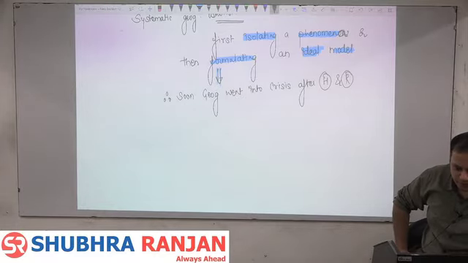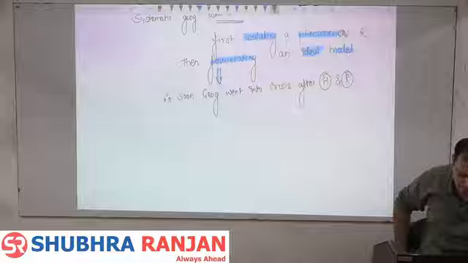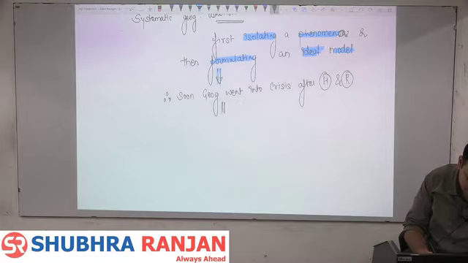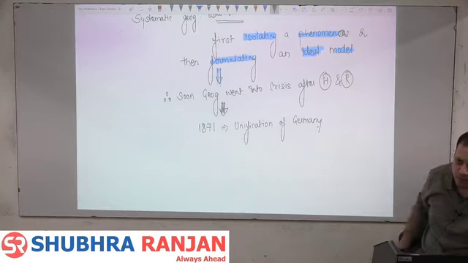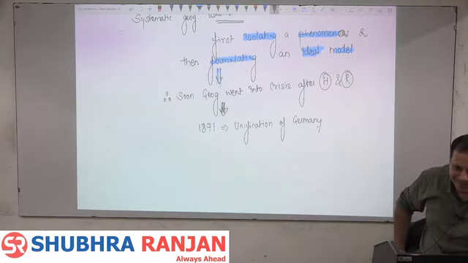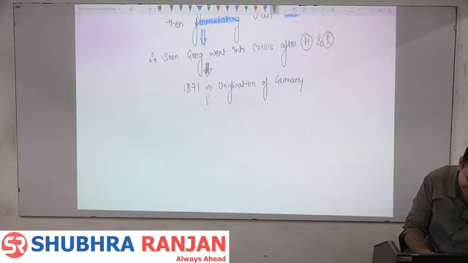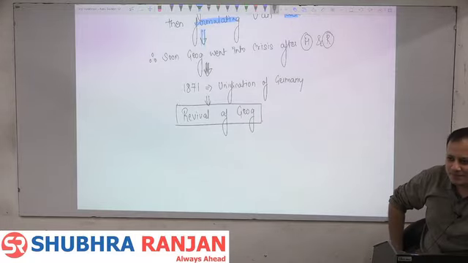soon geography went into crisis after Humboldt and Ritter. Understanding? Because and then (1871) unification of Germany and revival of geography.